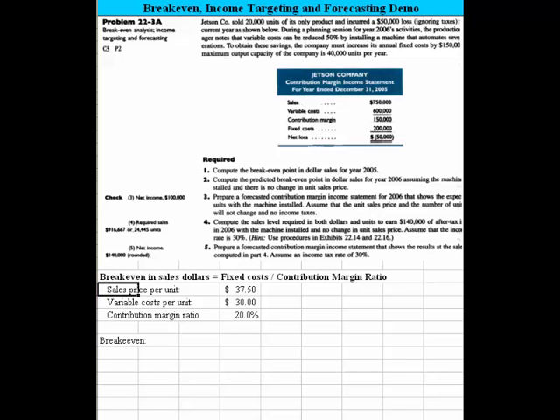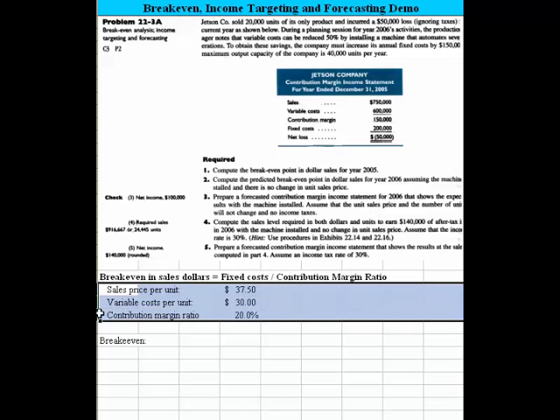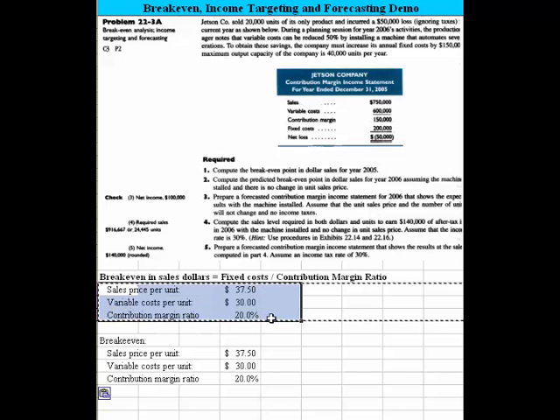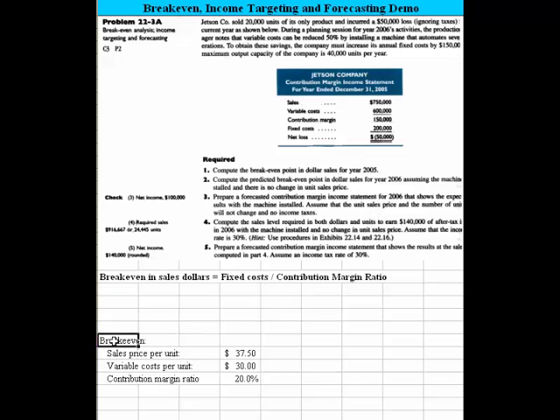And I think what I'll do is move this down here, slide this up. This calculation here was our contribution margin ratio. And we'll calculate break-even, so we'll put in the fixed costs which were equal to 300,000. Is that correct? 200,000.